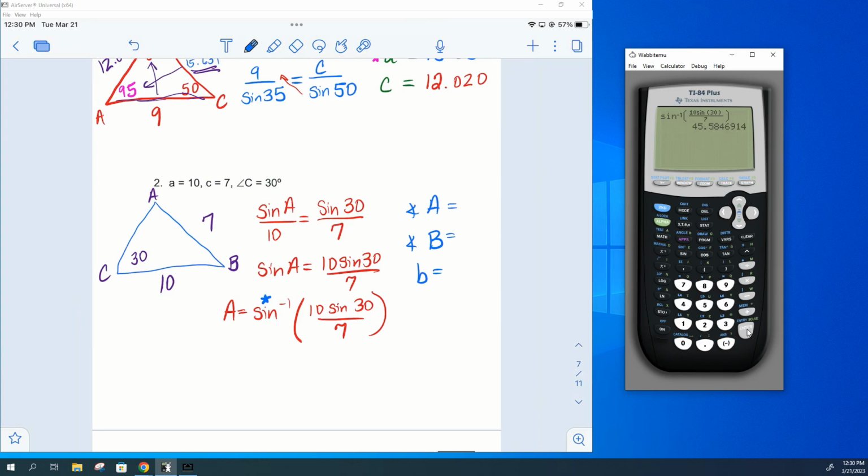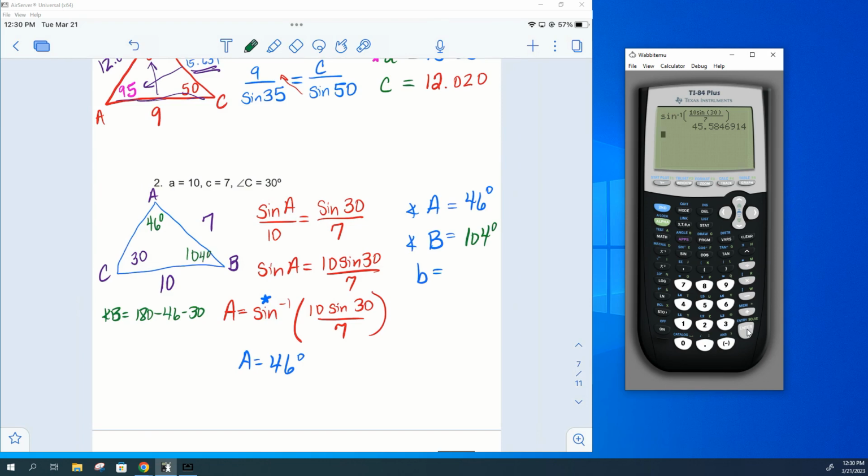And we said to round to the nearest whole, so I'm going to round to 46 degrees, and that's what I got for angle A. Now, once I have angle A, angle B is not going to be a problem. Angle B, of course, 180 minus 46 minus 30, and you can type that in or do it in your head, and you get 104 degrees.